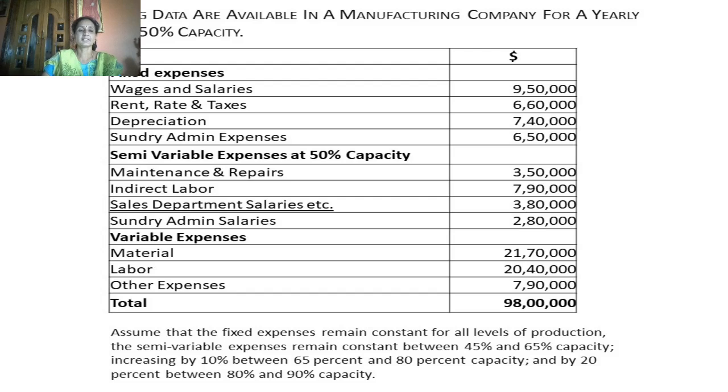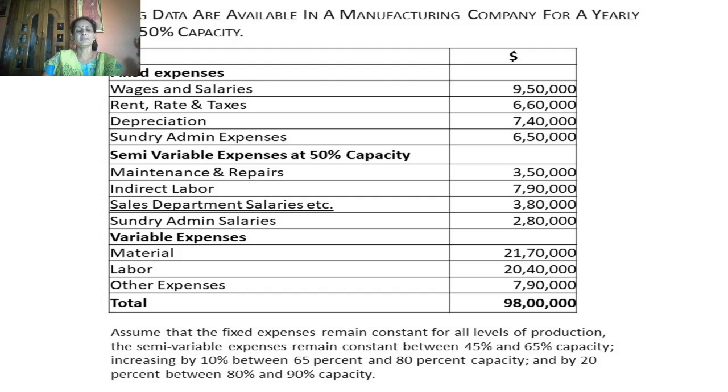So the fixed expenses, wages, rent, depreciation, for all levels of output, you can take the similar amount. But for semi-variable, between 45 and 65%, there will be a hike of 10%. So by 10%, the cost will increase.